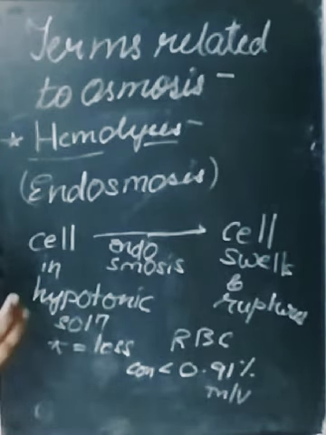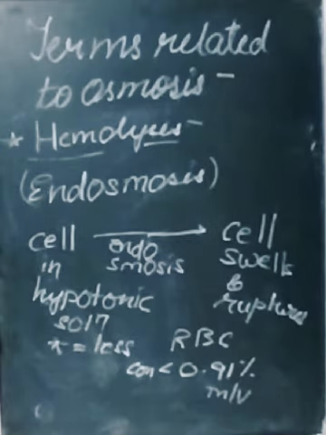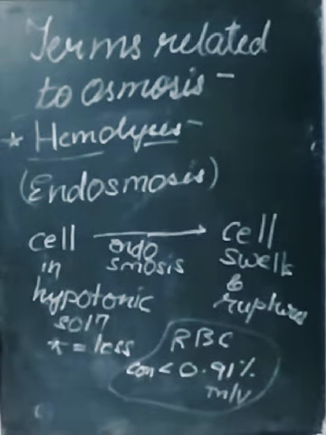It ruptures, and hemolysis takes place due to endoosmosis. This is very important, and it is often asked what happens to RBC when it is kept in a salt solution containing less than 0.9%.